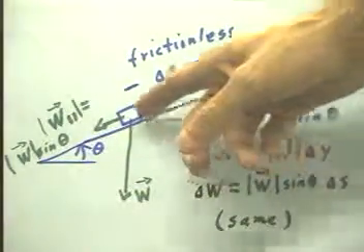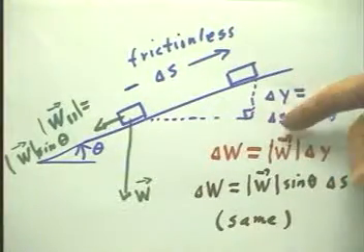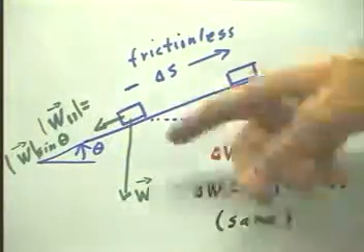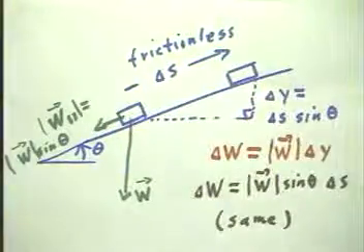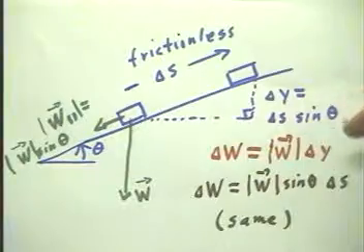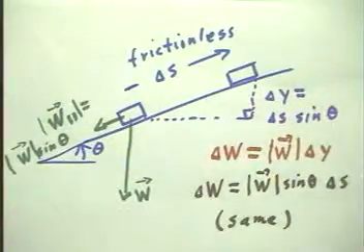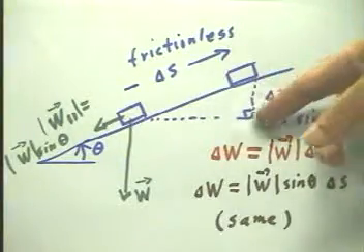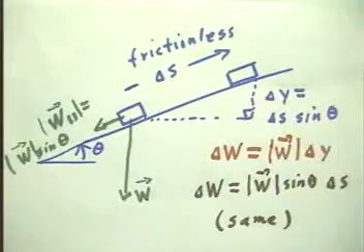If we go distance delta s along the ramp, then our delta y is going to be delta s times the sine of theta. If we just look at the sides of this triangle and apply a little bit of trigonometry, we see that the altitude of the triangle is delta s sine theta, so the vertical distance that we raise the object is delta s sine theta.